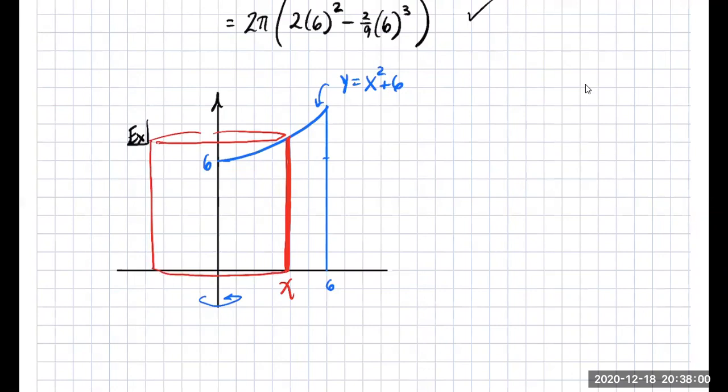And notice that no matter where you place that rectangle, the top of it will always be on the curve x squared plus 6, and the bottom of it will always be on the x-axis. So if we decide instead to use the shell method, it's only going to require one integral, less work. So in this scenario, it pays to use the shell method.